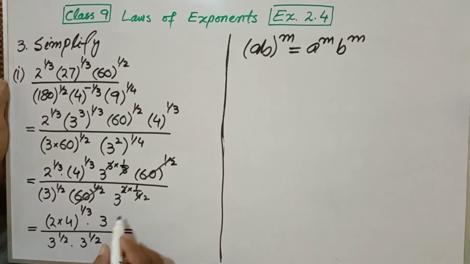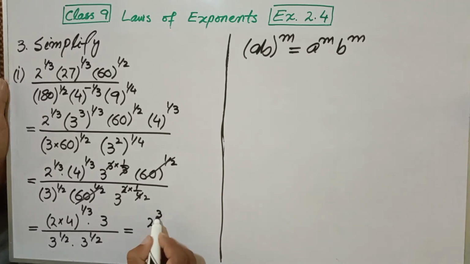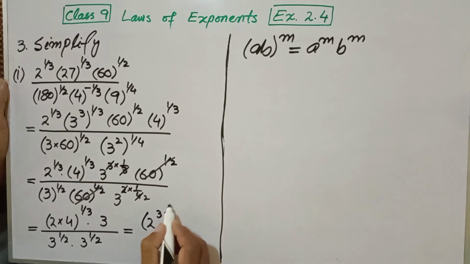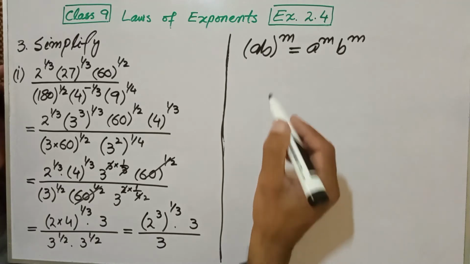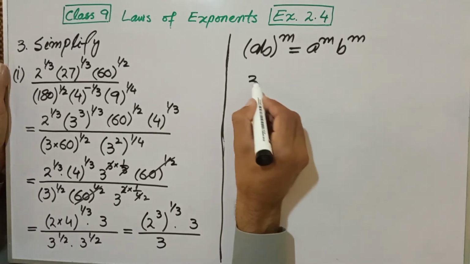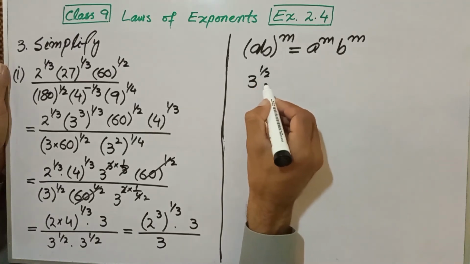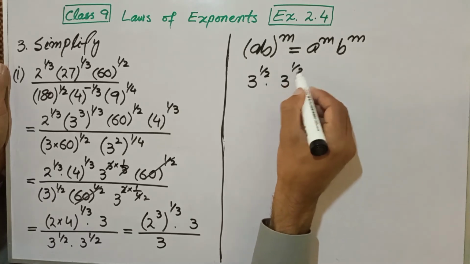We know that 2 into 4 is 8, and 8 can be written as 2 cube, 1 over 3. That is again using the property 3 1 over 2 into 3 1 over 2.